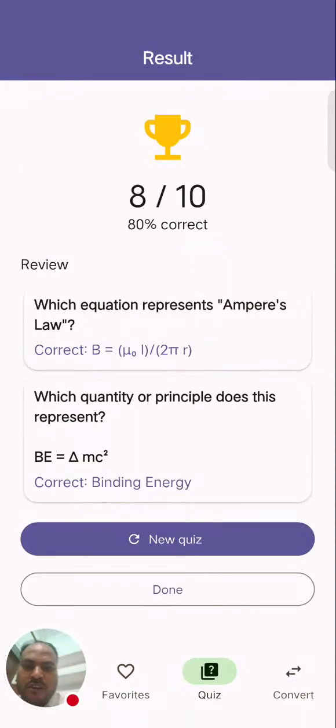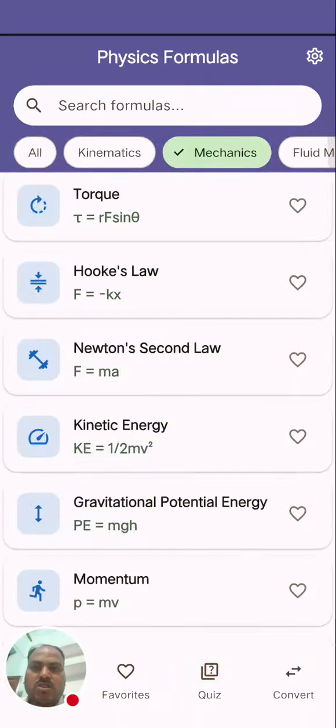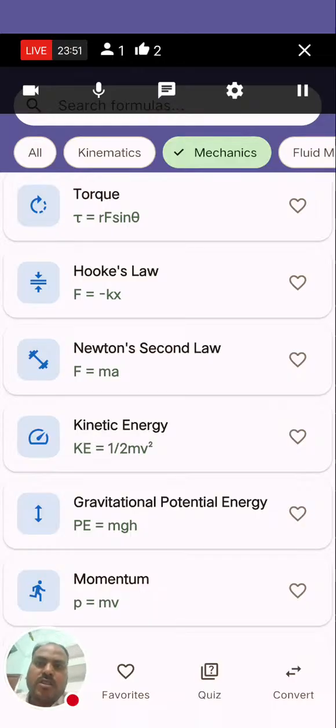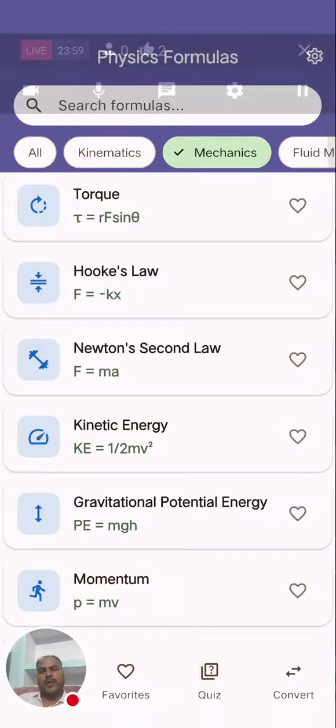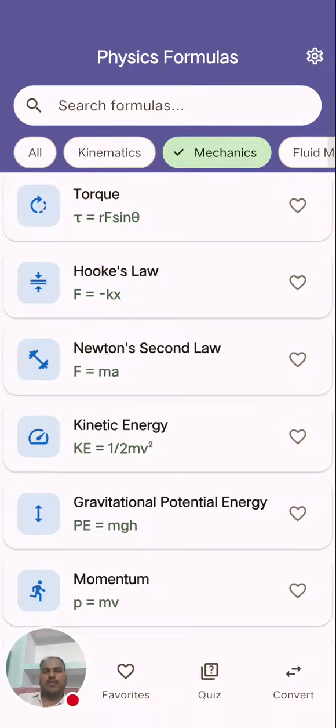So that's all for today. We have discussed today in this live session about the mechanics. Last live session we had discussed the kinematics, and today we discussed the mechanics.